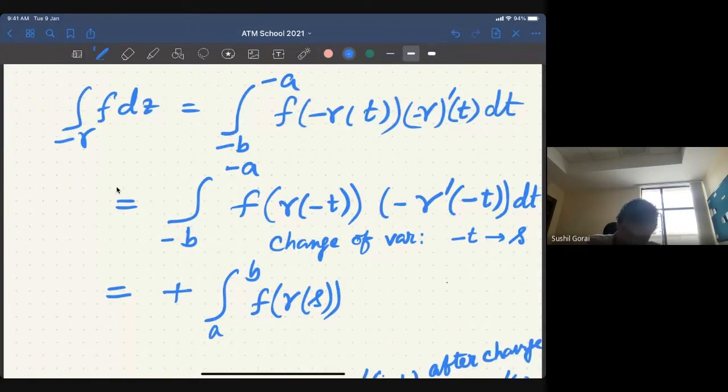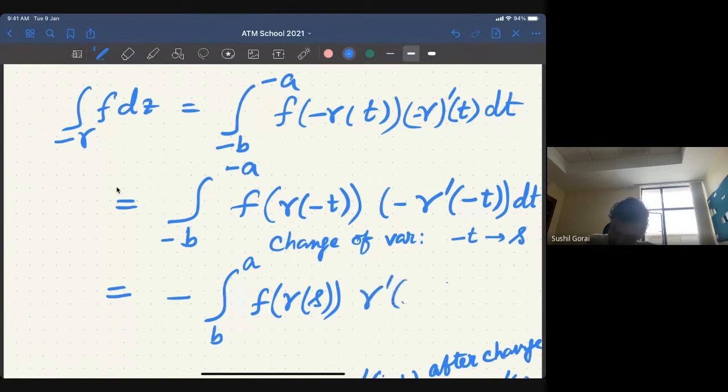So it would be b to a. That is correct, this I was missing. So here it is fine, and that part does not change.